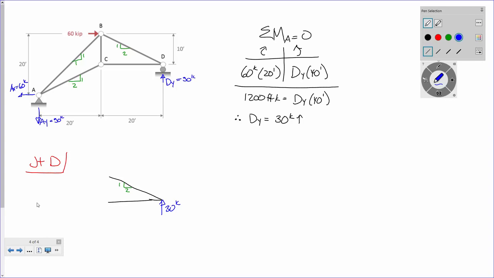So far, so good? So this diagonal member is going to have a horizontal and vertical component. So it's going to be something like that and something like that. And that's going to be BDY. That's going to be BDX. What direction should I draw BDY? Down. Do I even need to do anything? Or just look at it and tell me what it is?